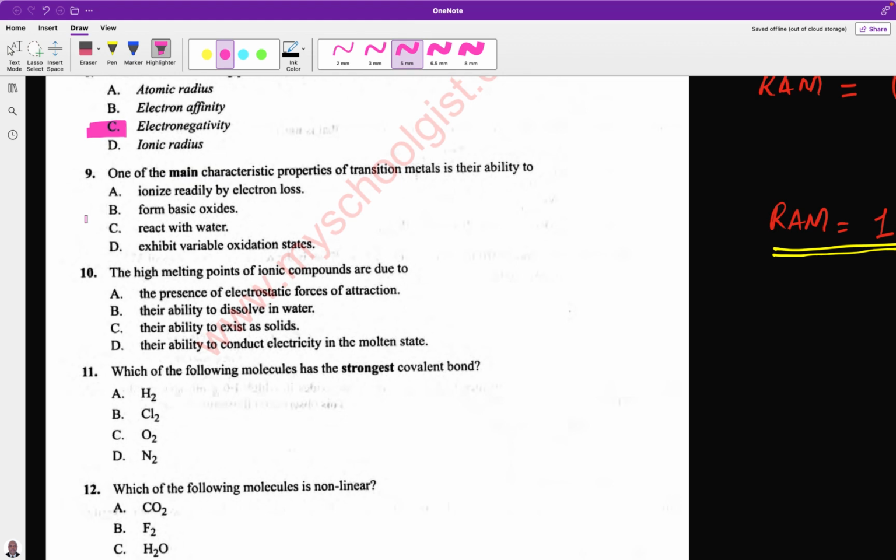It is not appropriate. C, react with water. Not appropriate. D, exhibit variable oxidation state. That is one of them, which I also mentioned is unique among the transition metals. So our answer for 9 is D.